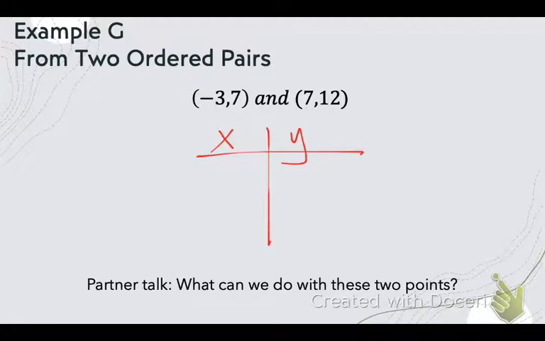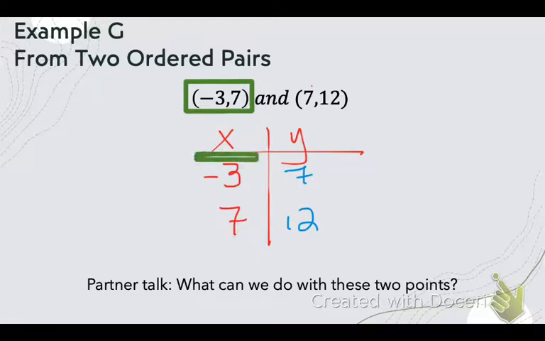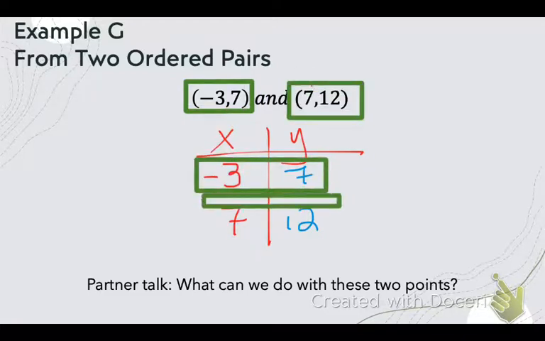I need to make sure I put my x's, which are the first coordinate, in my x column, and my y values into the second column. So 7 and 12. Notice here how my coordinate pairs of negative 3, 7 are on the same level. You want to make sure your coordinate pairs are across from each other horizontally, not vertically.